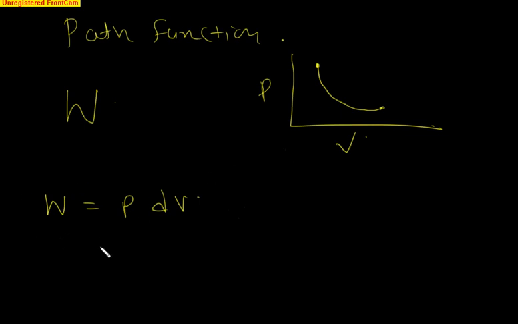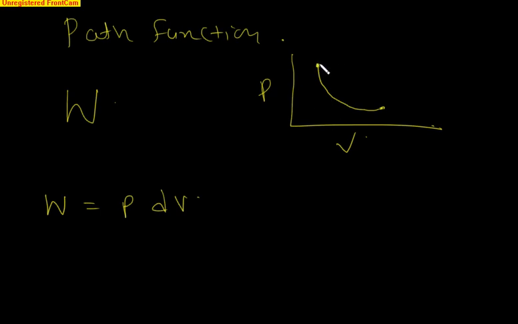Okay, we'll see how this definition comes. Okay, friends, here V is differential. Okay, means as the system proceeds to reach at this state, the work depends on each point. Okay, it depends on which path you followed.